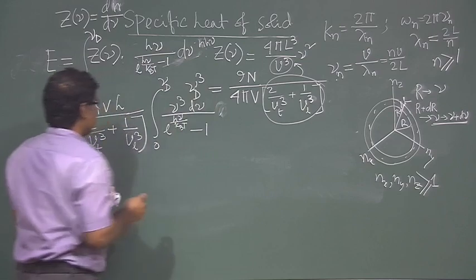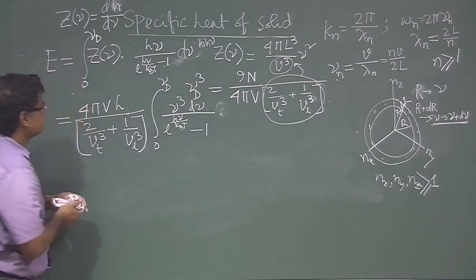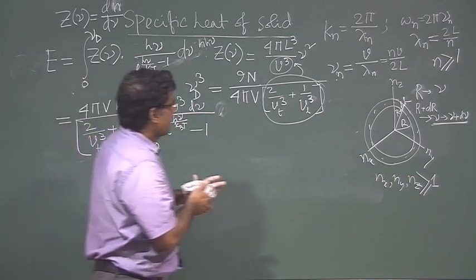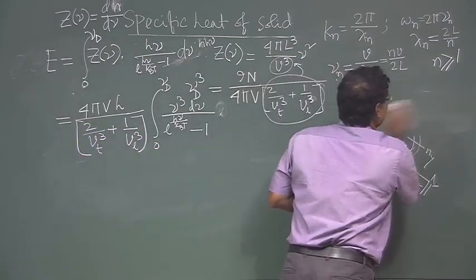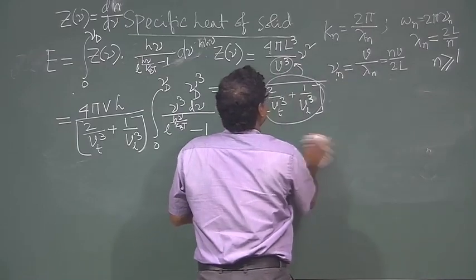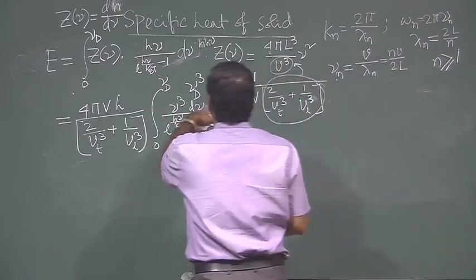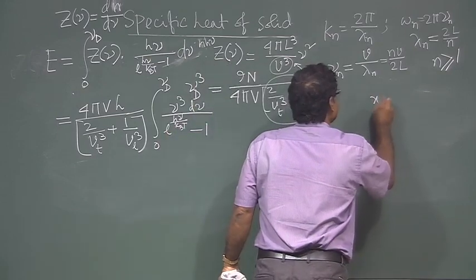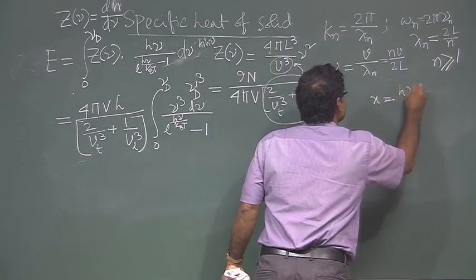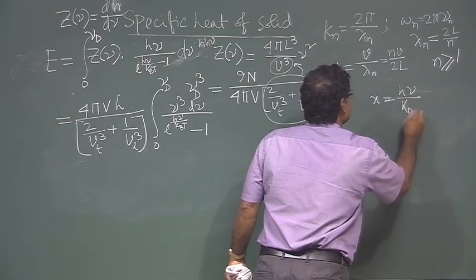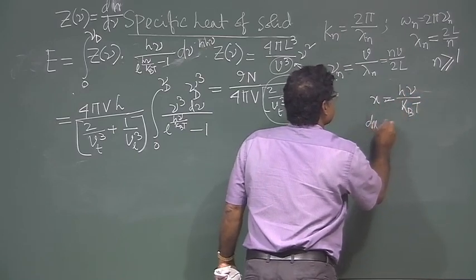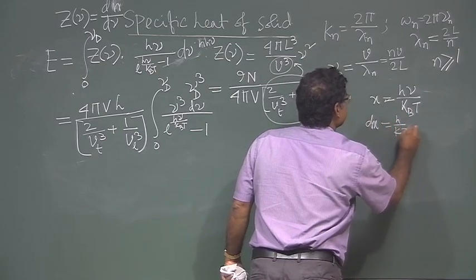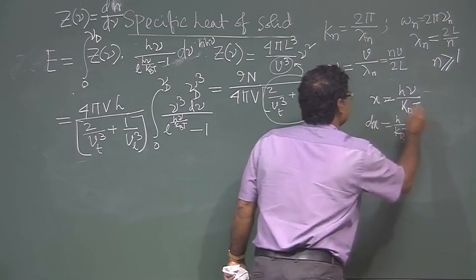Okay. So, for integrating this one, I have to consider that. So, let us take x equal to h nu by kBT. So, dx equal to h by kBT d nu, right.